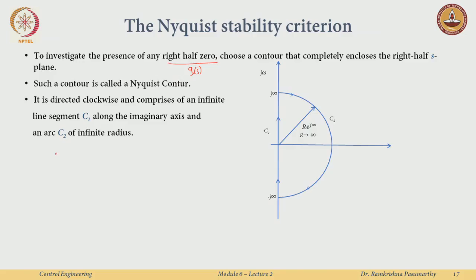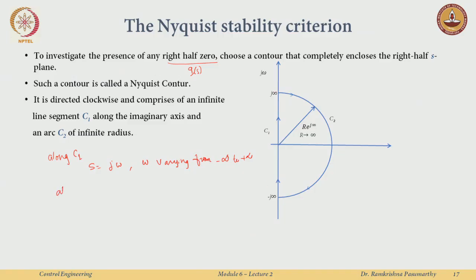Okay. So what happens along C1? Along C1, s is just j omega, this line, so s is all j omega with omega varying from minus infinity to plus infinity. I am starting from minus infinity all the way till plus infinity, the entire imaginary axis.